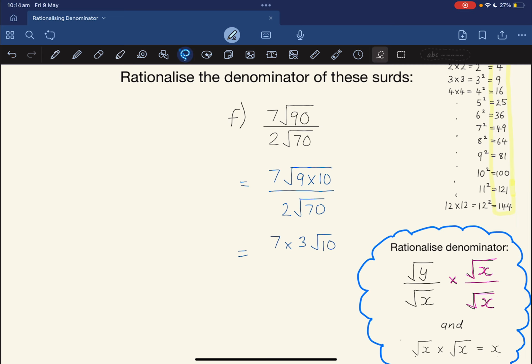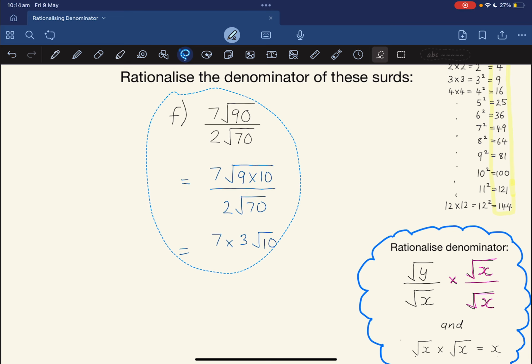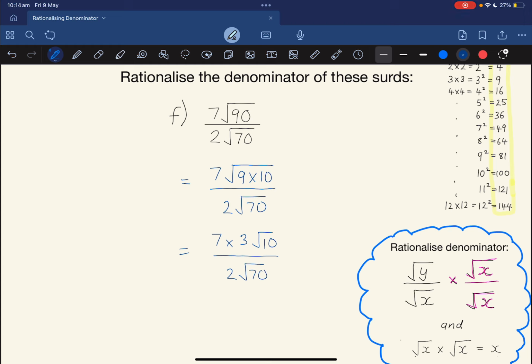Now, what I might do, I'm going to move that over on 2 root 70. 21 root 10 over 2 root 70. And then I go back to my question. It said rationalize the denominator, and I must write it rationally by multiplying this third part.